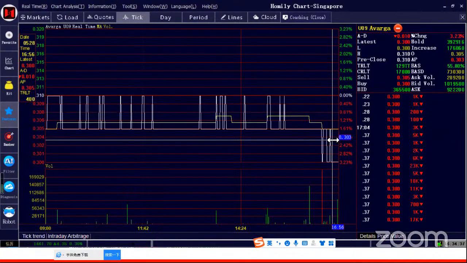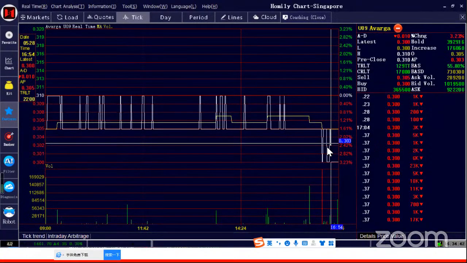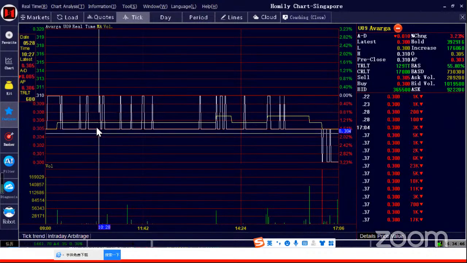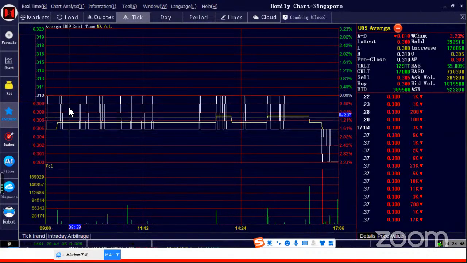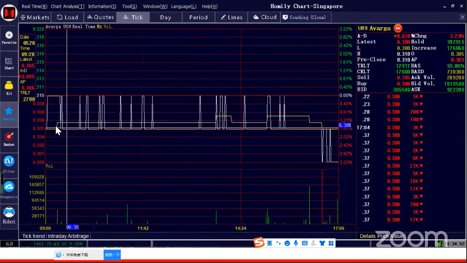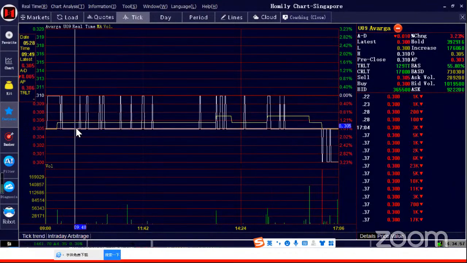What do those white color volumes mean? This is not volume, okay? Are you referring to here? This is the white transacted price.